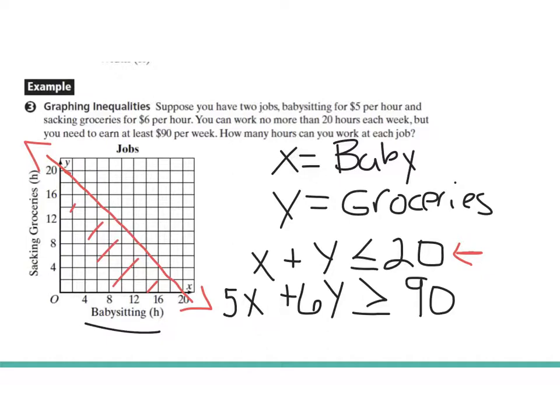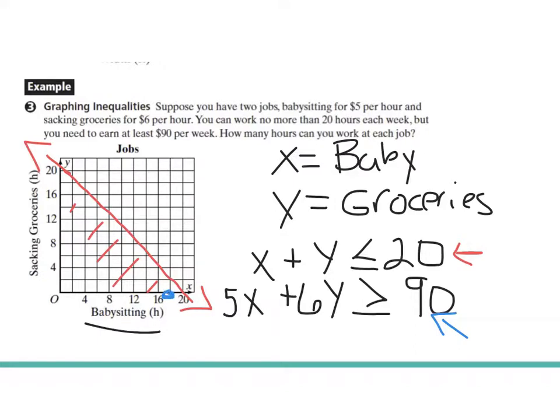And then the blue here is going to be this equation. If I just babysat and I wanted to make $90, I would have to work at least 18 hours, and so my x-intercept is 18. There's my x-intercept, which is 18.